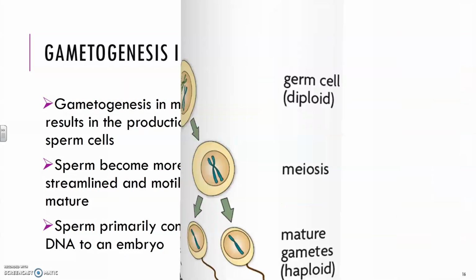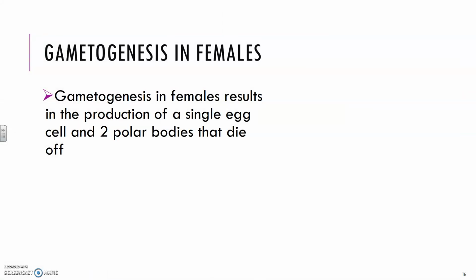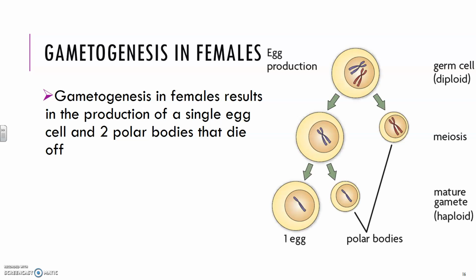Egg cells are kind of different. Gametogenesis in females results in the production of a single egg cell and what are called polar bodies. Here you're going to get a very uneven splitting of the cytoplasm.